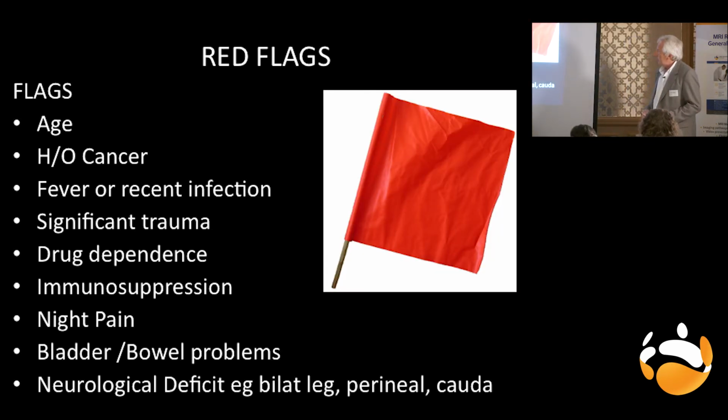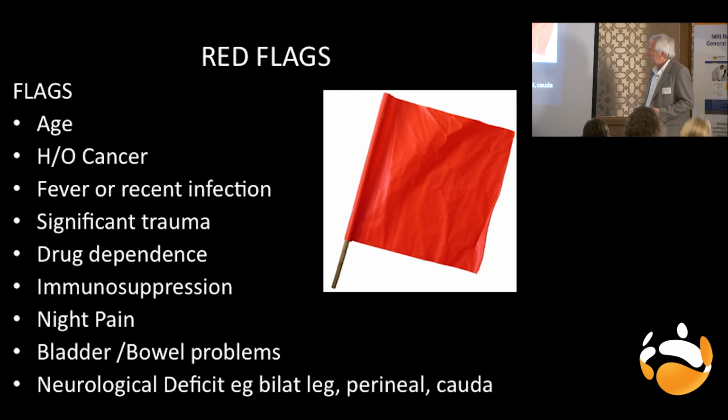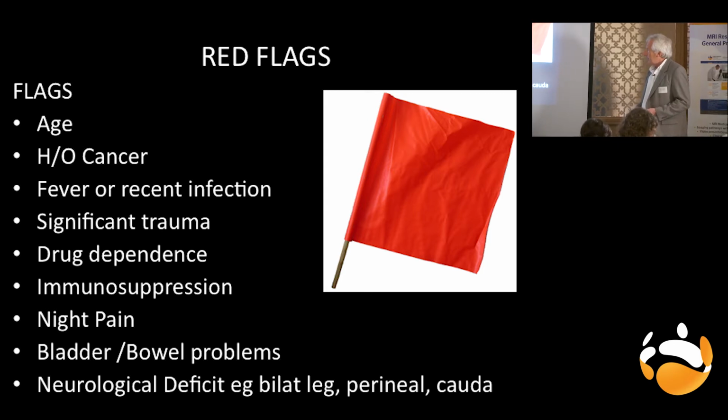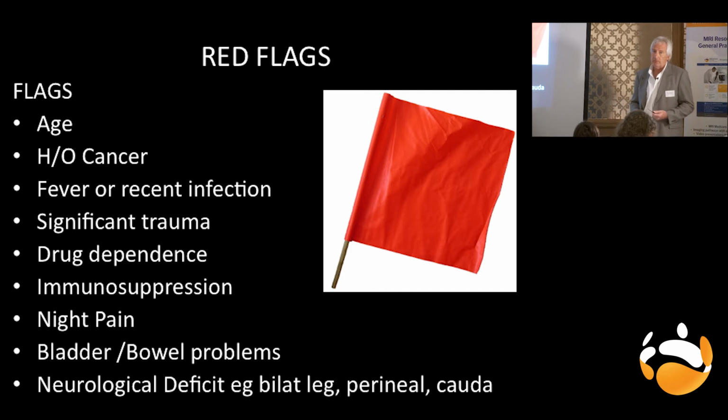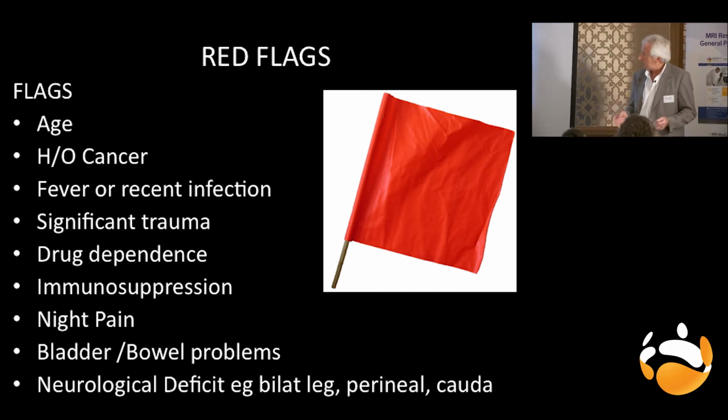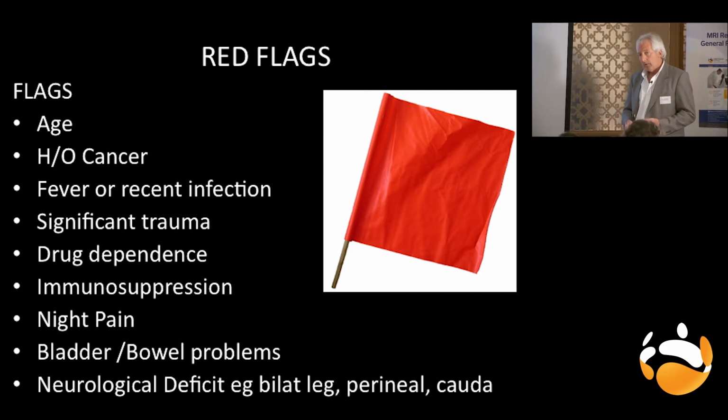So as far as red flags are concerned, we all know these, but just to remind you: increasing age, history of cancer, fever, trauma, drug dependence, immunosuppression, night pain, that's pretty important, although a lot of people get night pain with mechanical back pain as well, because like all soft tissue problems, the pain usually improves with warmth. So as we warm up, we don't have the problem.